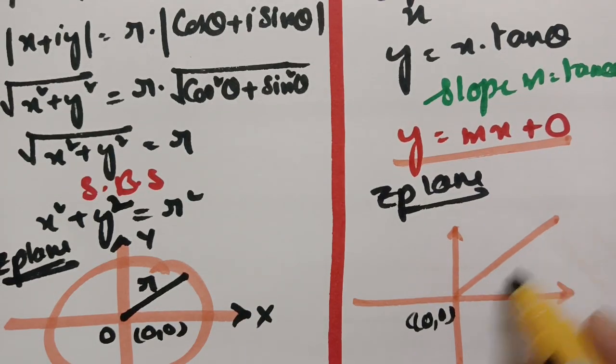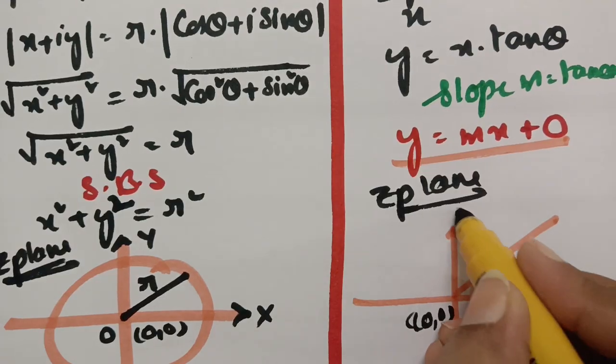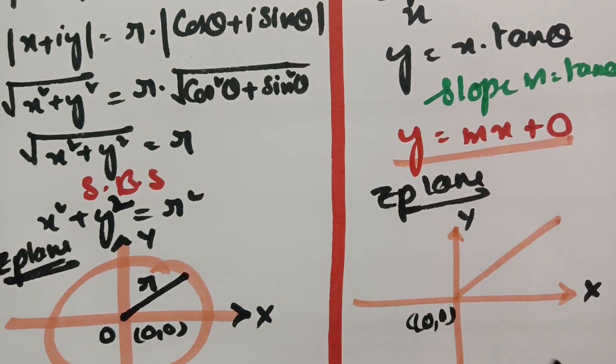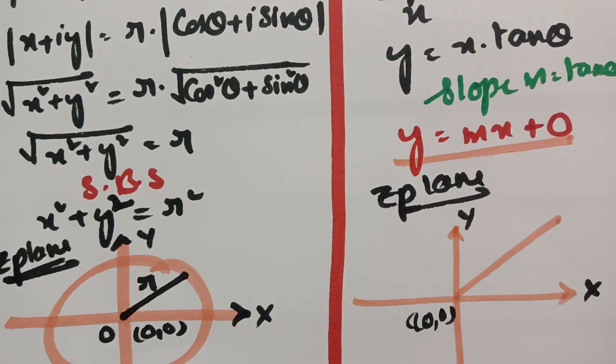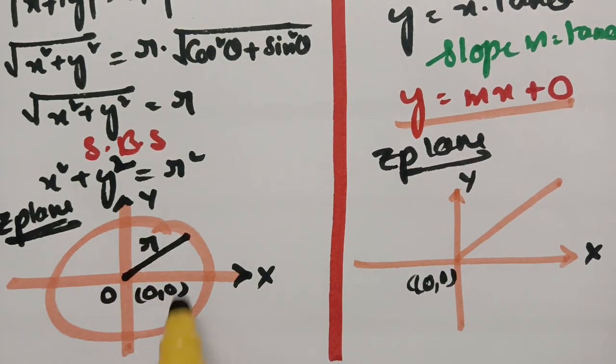This is the x-axis and this is the y-axis in the z plane. So in the z plane there is a circle with center 0, 0 and radius r, and here is a straight line passing through the origin and making an angle theta. So these two are the shapes in the z plane.